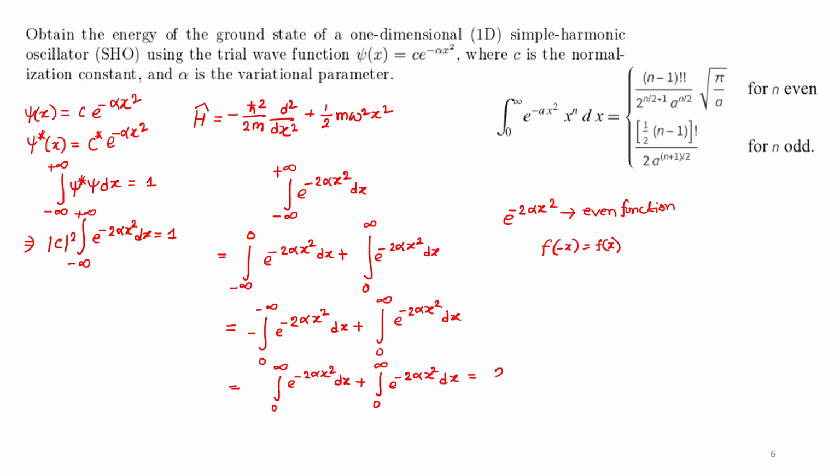It is actually going to give you 2 times the integral from 0 to infinity of e to the power minus 2 alpha x square dx. So it is going to give you c square multiplied by 2 times the integral from 0 to infinity of e to the power minus 2 alpha x square.